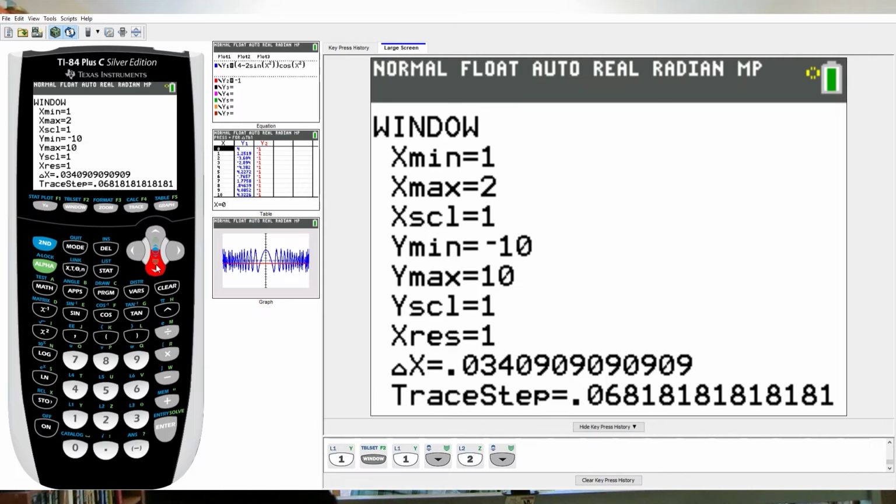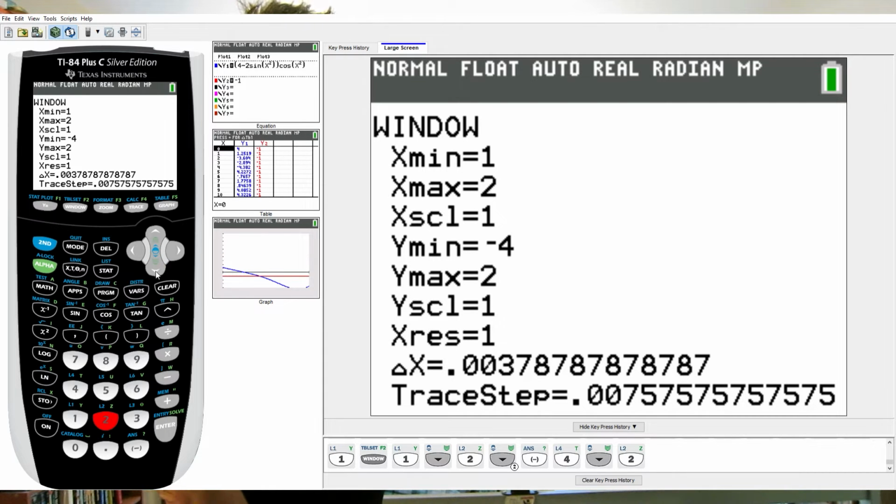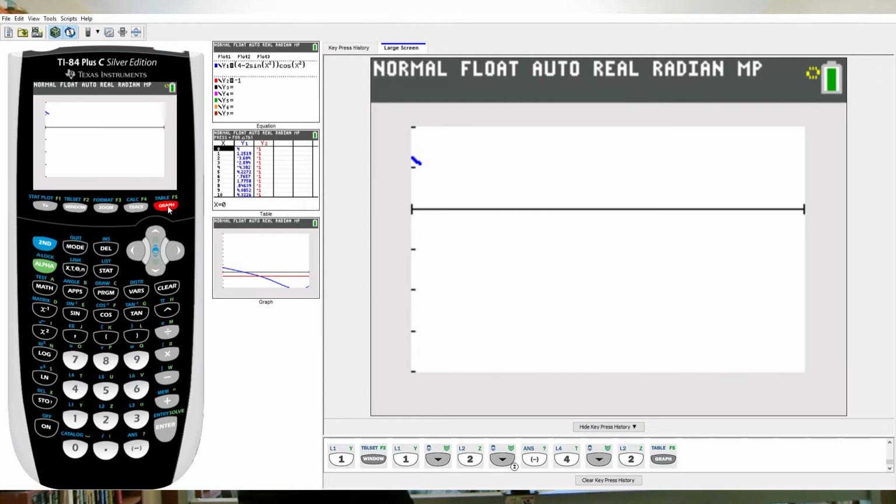So I'm going to have my y go from negative 4 up to 2, and then I'm going to hit graph, and I should see something kind of nice. Right now it's graphing the x function.